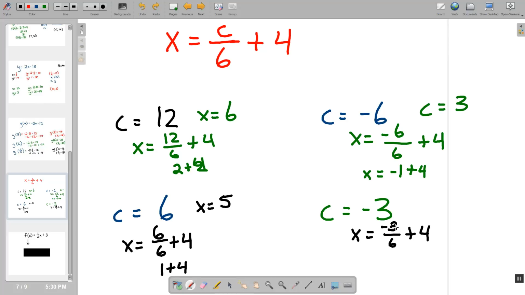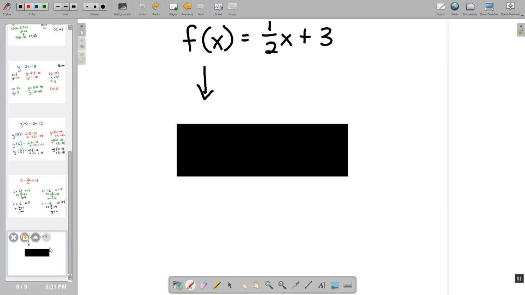Personally, as an 8th grade algebra student, fractions are going to be easier most of the time. So I want to simplify negative 3/6 to negative 1/2 plus 4. So I want to take away 1/2 of 4, which means that x is equal to positive 3.5.